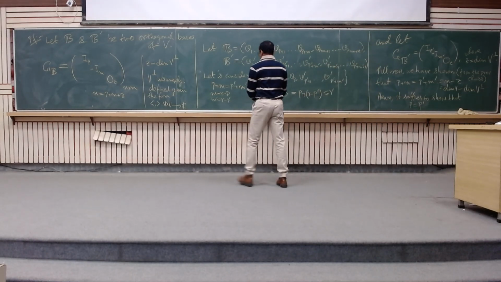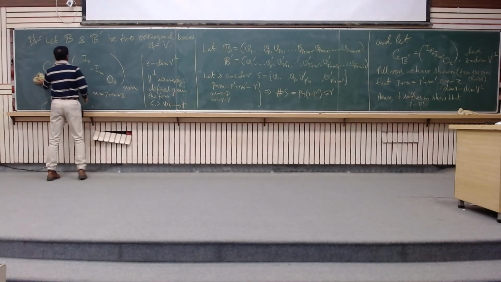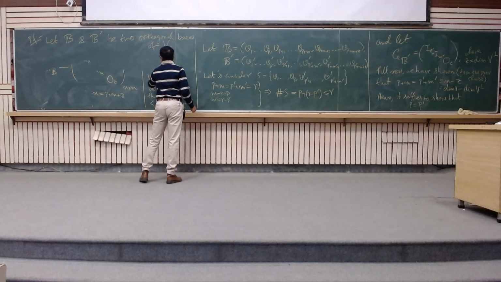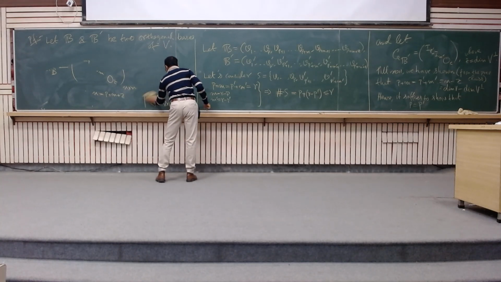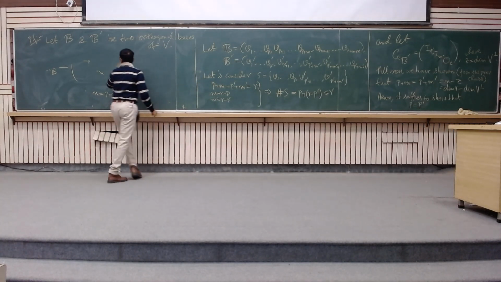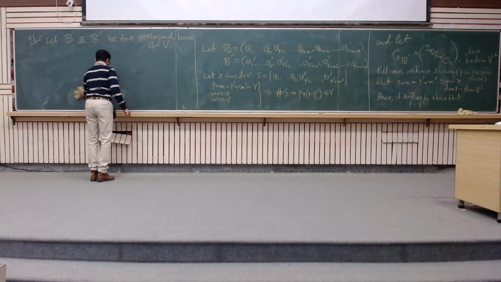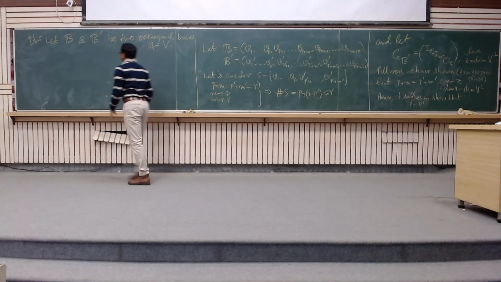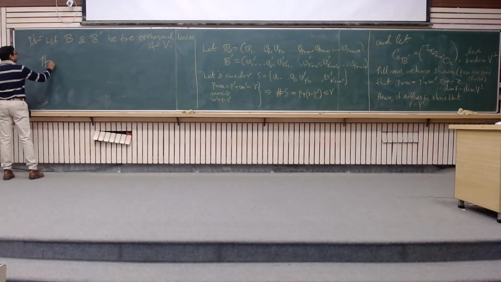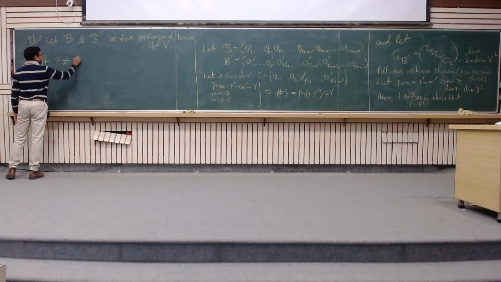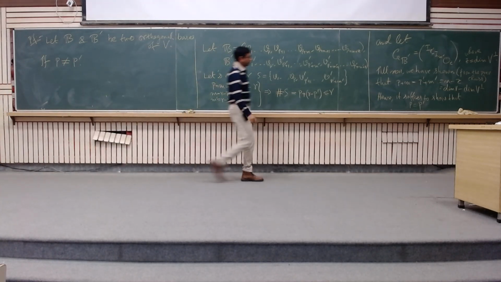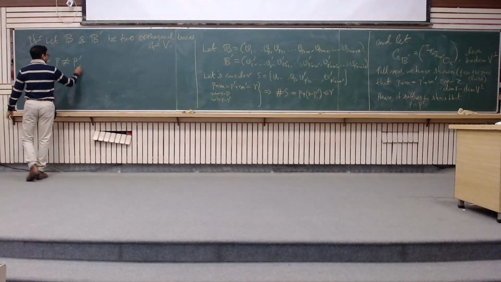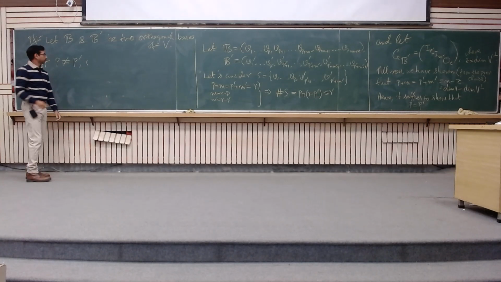Let's write it down somewhere. So if P is not equal to P dash, that is, we are trying to prove that P is equal to P dash, right? So let's start from the assumption that they are not equal. Okay.